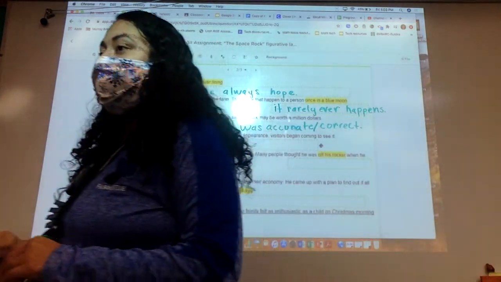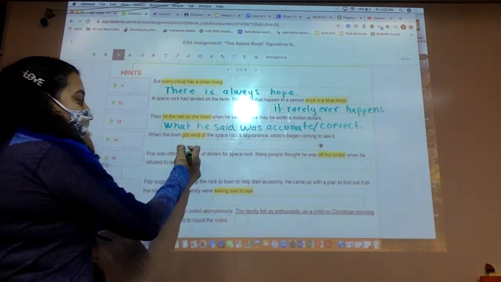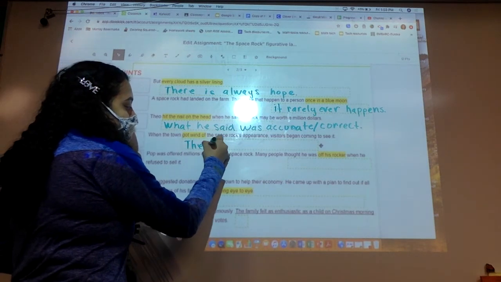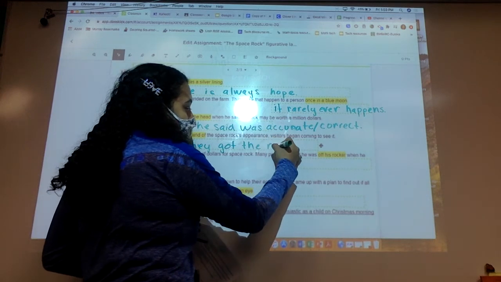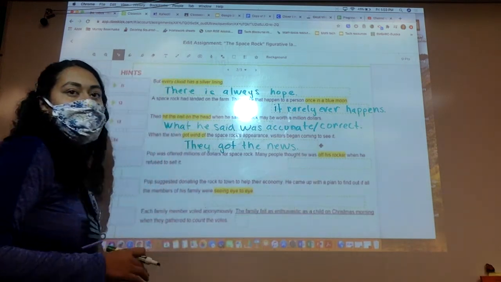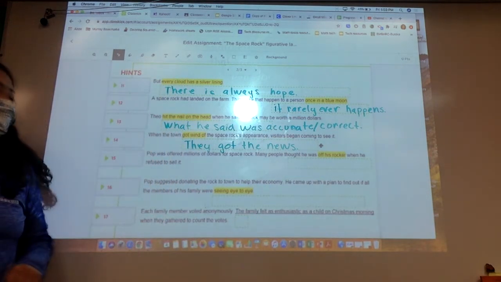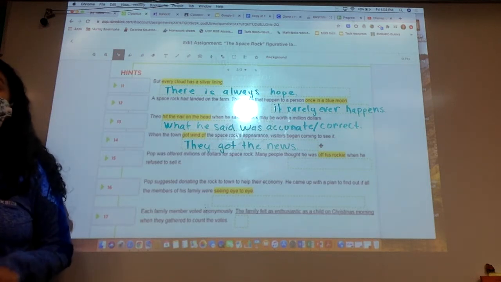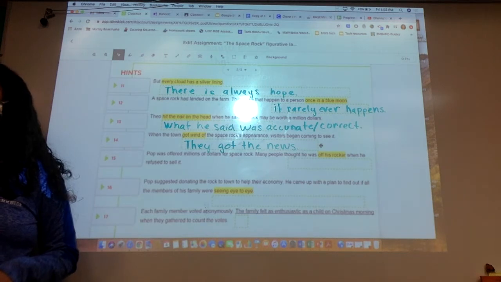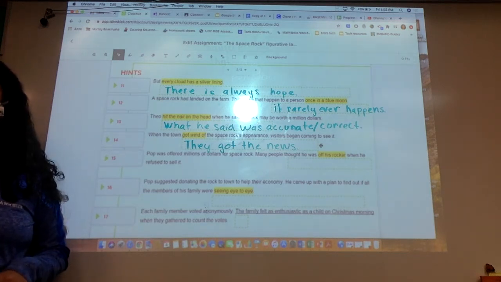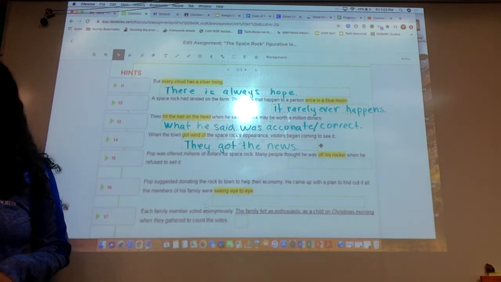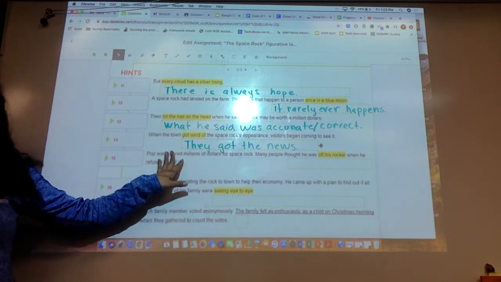So the news was spread and then they got the news, right? Yes, they did. Like they didn't actually get hit with wind and say, there's a space rock at their farm, just by feeling wind in my hair. Okay?